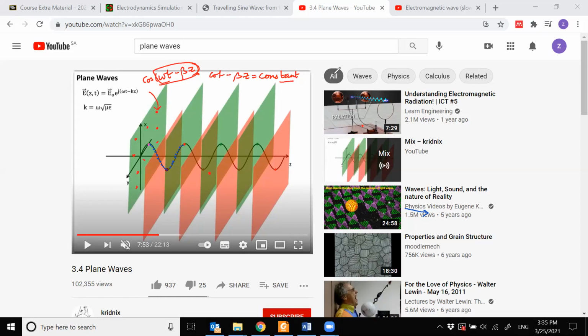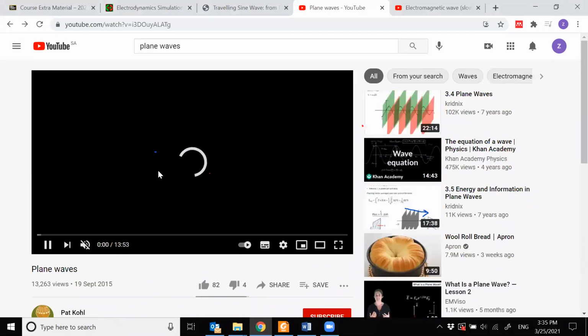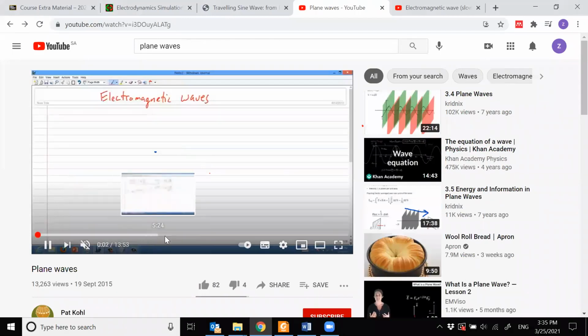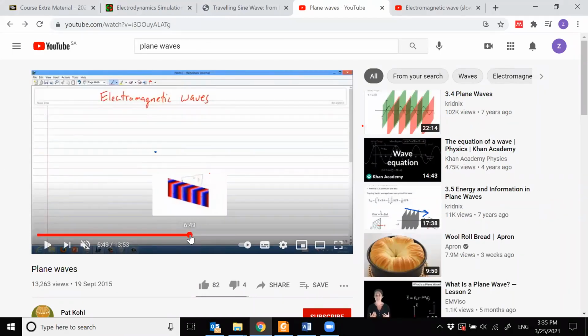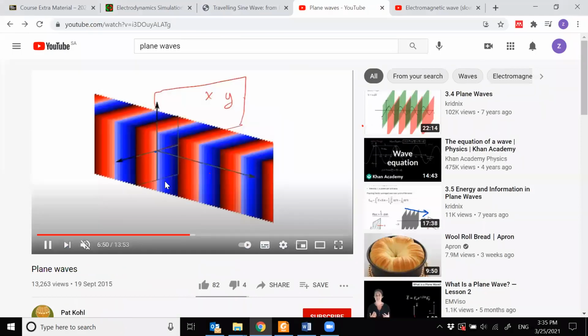Now, let me first erase this. Let me release the time as well as the space. Let me make Z variable and let me make time also variable. If I release both, then see what happens. See, these are all the planes.